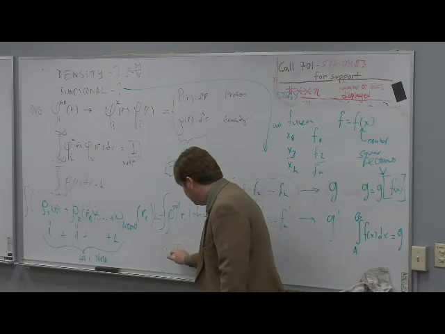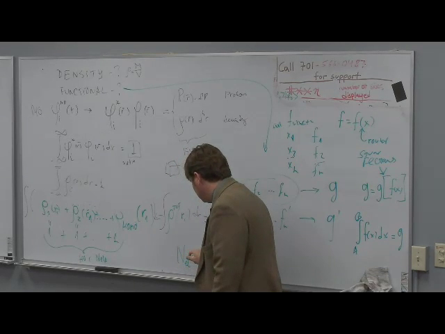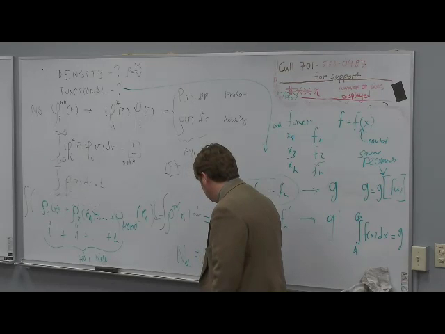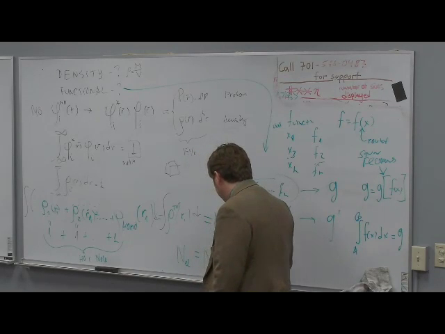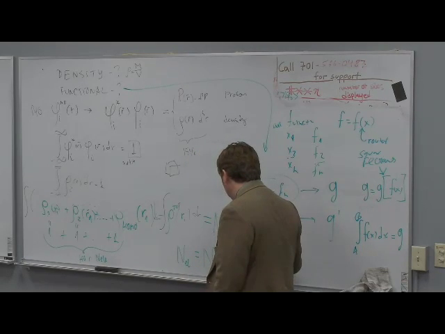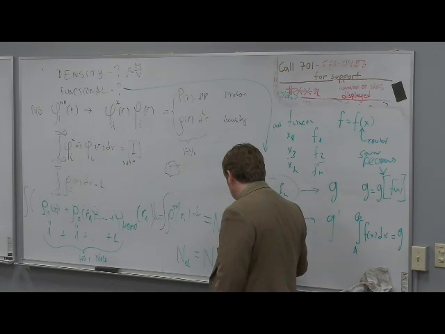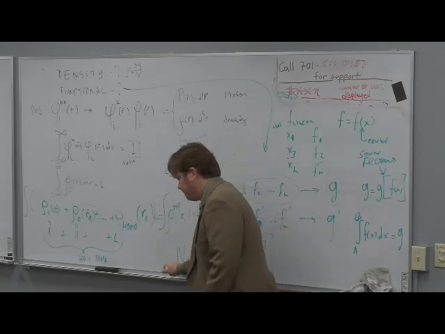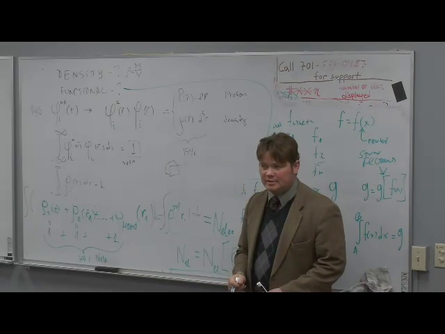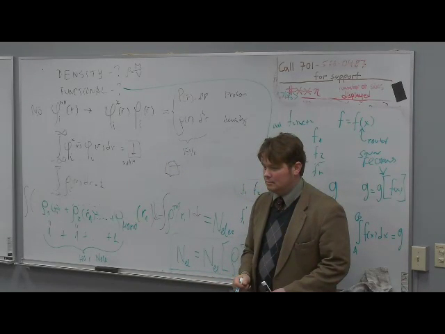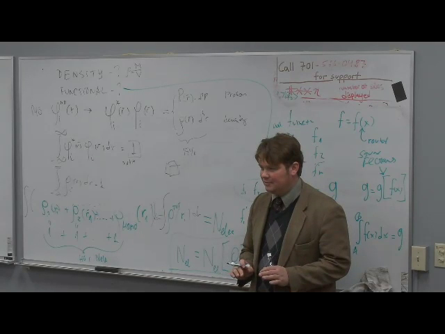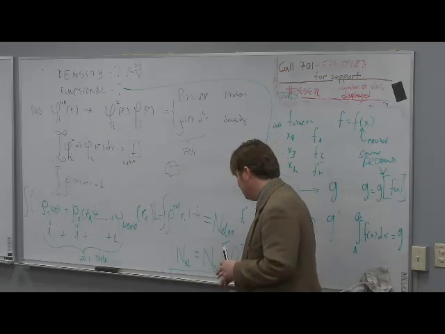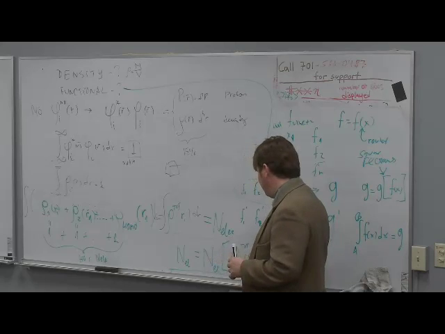So now we can write that the number of electrons is a functional of the total density. Make sense? No big counterintuitive steps? Good. So the number of electrons depends on density.